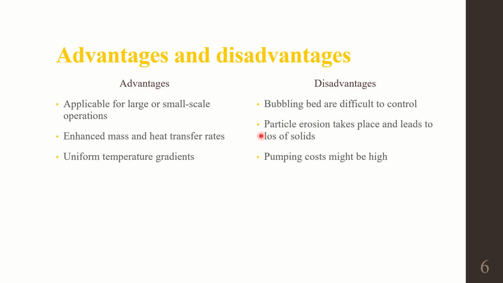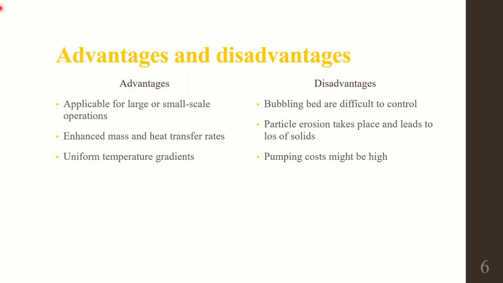Everything involves fluidized beds. And also the fluid catalytic cracking, which is commonly seen in oil industries, employs fluidized beds. And also operations like drying, adsorption, cooling, everything can also be done by using fluidized beds.